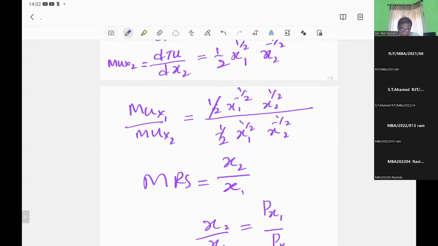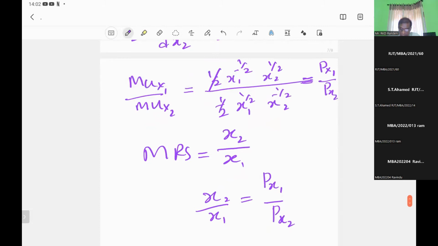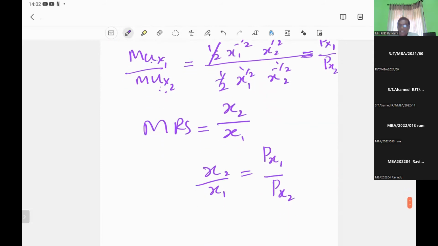Now here MUx1, then price of x1 is here, then price of x2 is here. Now here MUx1 divided by MUx2, then price of x1 over price of x2, like that.